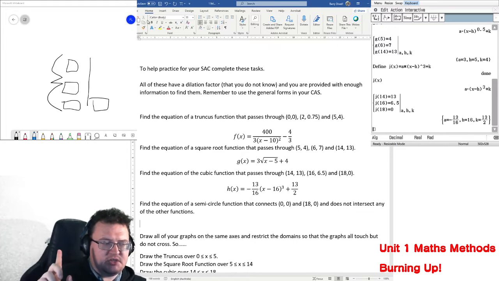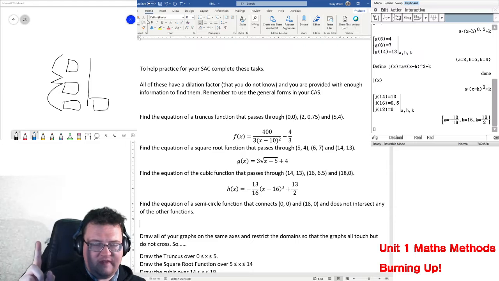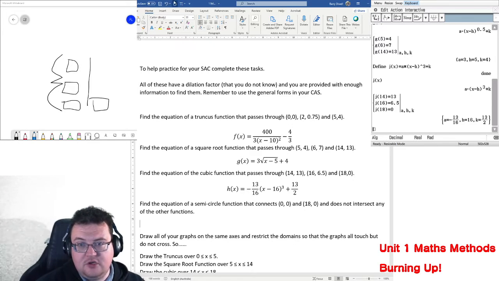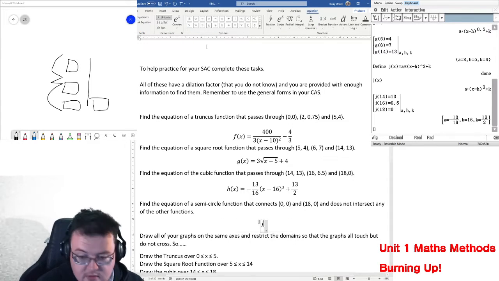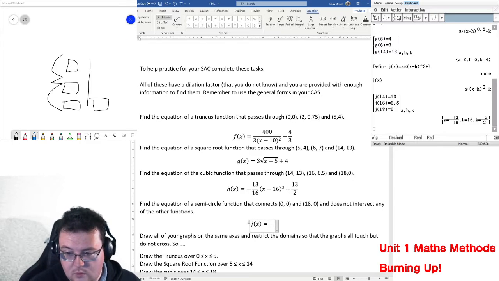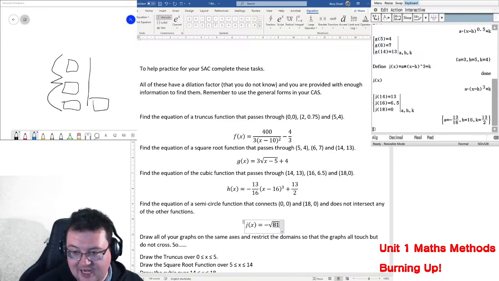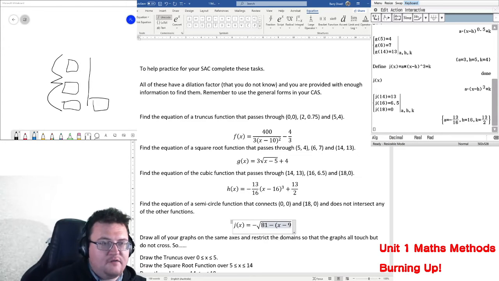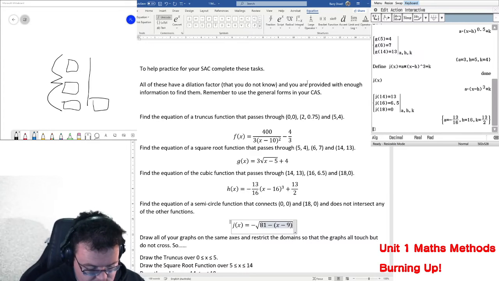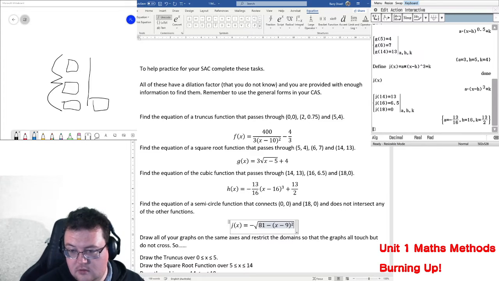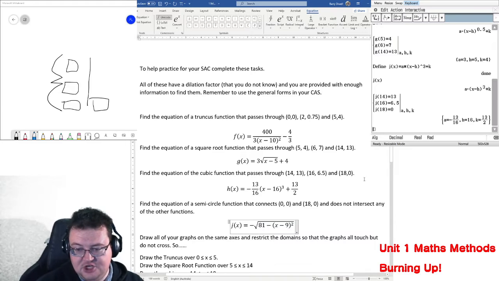If it goes from 0, 0 to 18, 0, that means it has a diameter of 18, which means it has a radius of 9. So using a semicircle formula, we know we can do the negative of the square root of 81 minus X minus 9 squared, because halfway, remember, and there's our J.